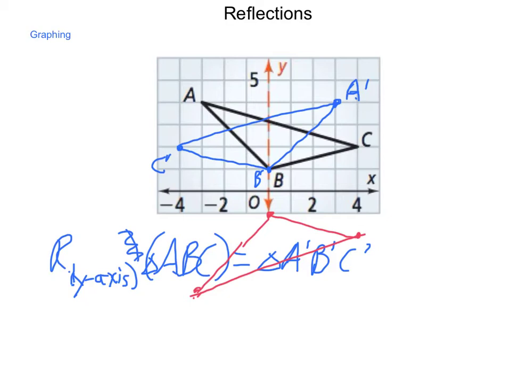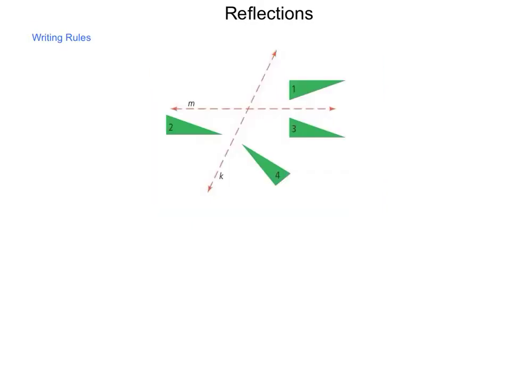So how do we name reflections, or how do we write the rules to do them? Now that we can do a reflection, let's look at the rules. In this diagram, each triangle is a reflection of something else. What we want to do is be able to write a rule for triangle 2. In order to do this, we look at triangle 2 and see what it is a reflection of.